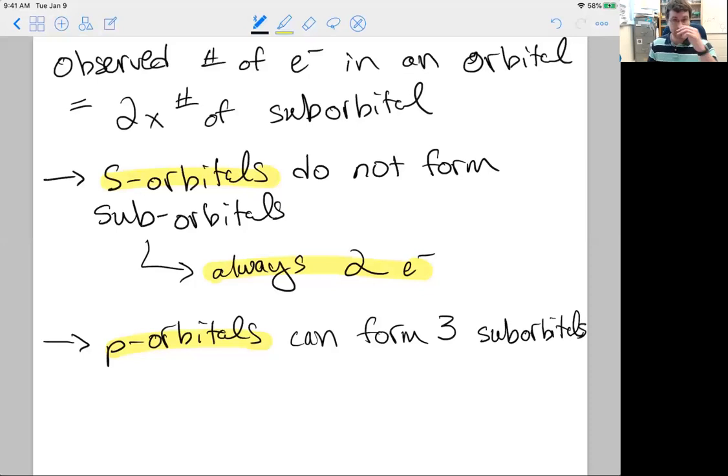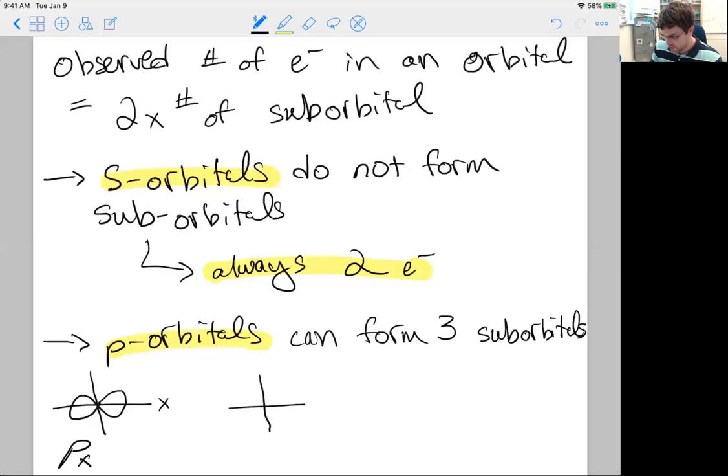Maybe this bothers you. Maybe you're like, why? Well, let's look briefly at it, but we're not going to go into the full mathematical derivation for each of the 3 suborbitals. But one way of looking at it is just thinking back to the Cartesian axis. We can have p orbitals, or dumbbell-shaped orbitals, that are parallel to the x-axis. This would be the px orbital.